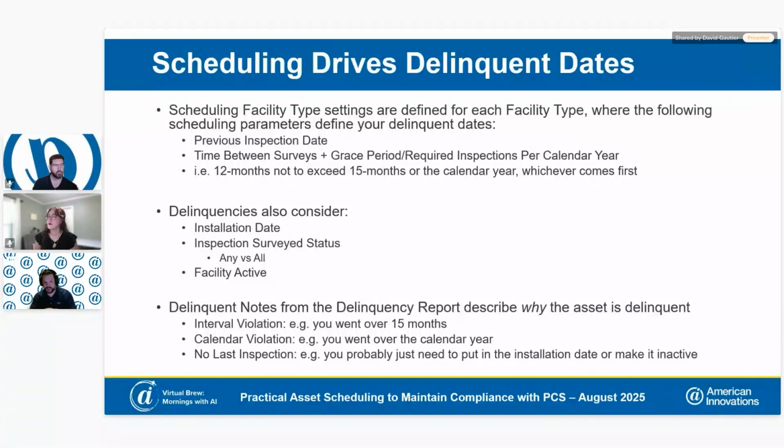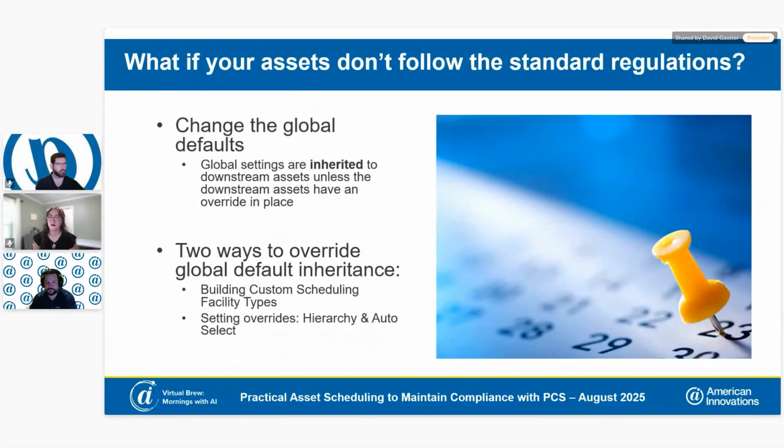We understand the time between survey, the grace period, number of inspections per year, but we don't have a baseline of when we should start calculating that. And so if you see no last inspection, probably means you just need to go in and put in the installation date, which sets the timer, kind of like pseudo treats it like a previous inspection. And then it'll understand how to calculate your delinquent dates.